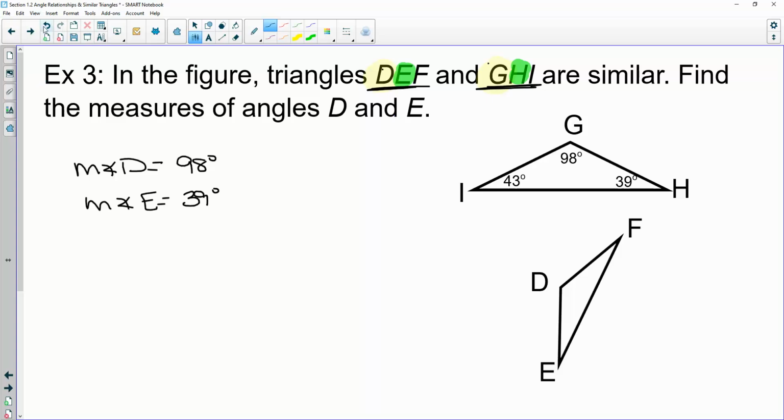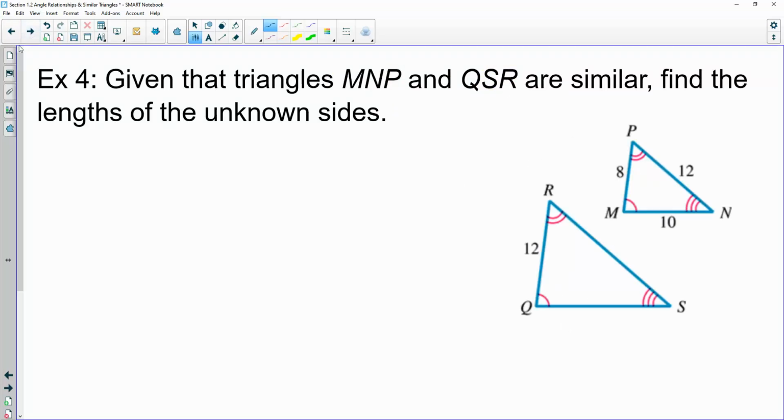When I say their sides are proportional, we can use that to find a missing side. So if I am given that triangles MNP and QSR are similar, find the lengths of the unknown sides.